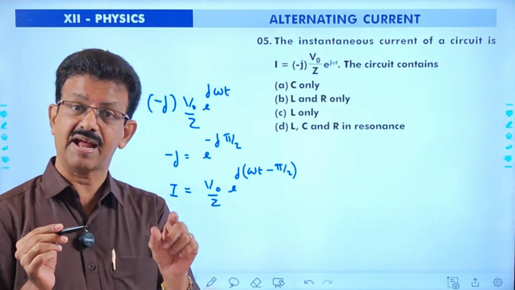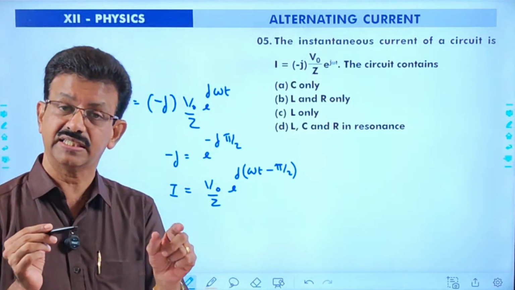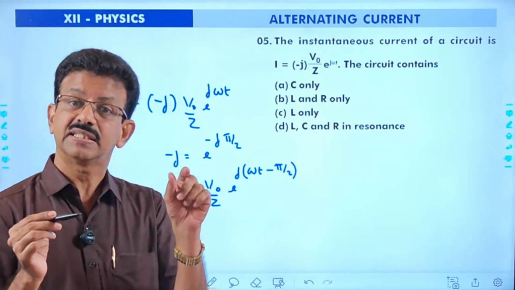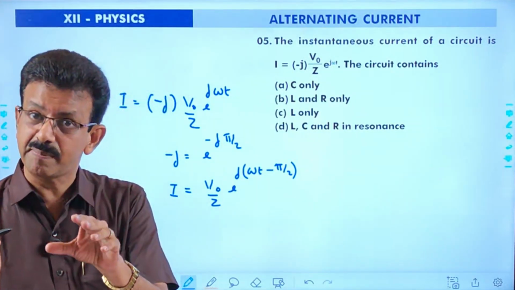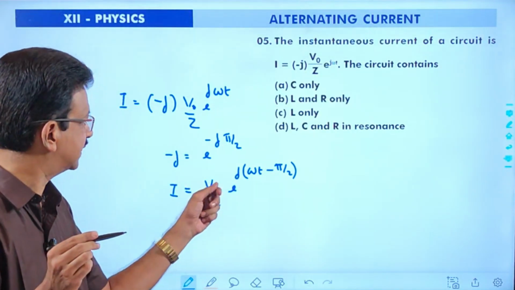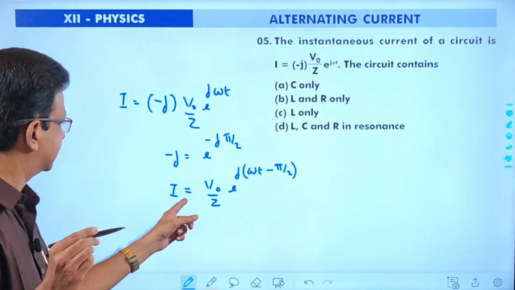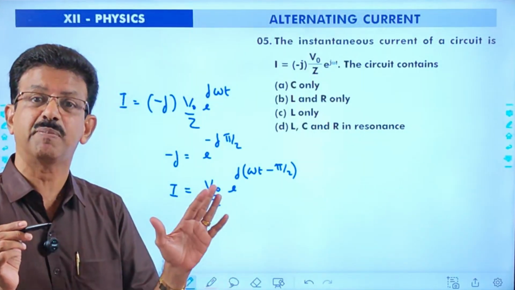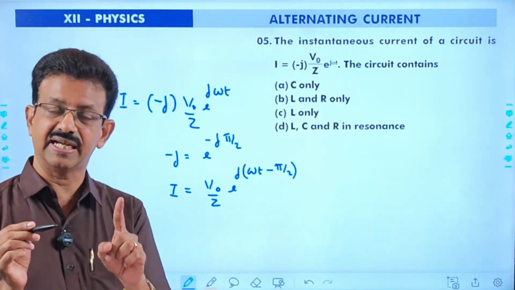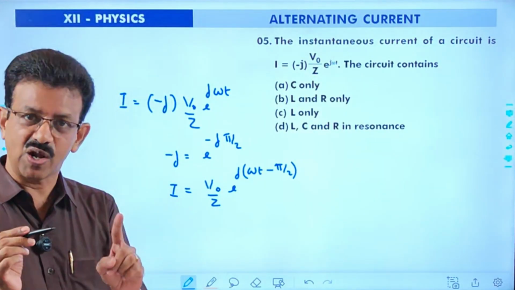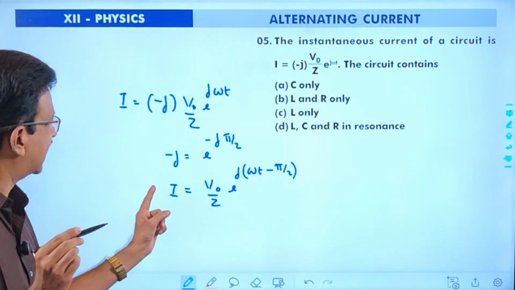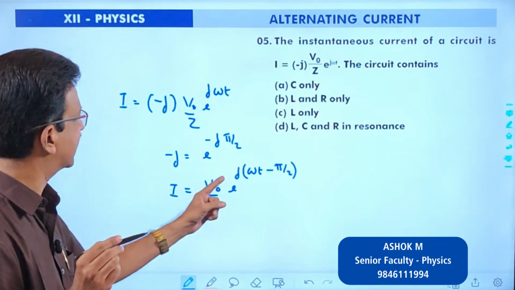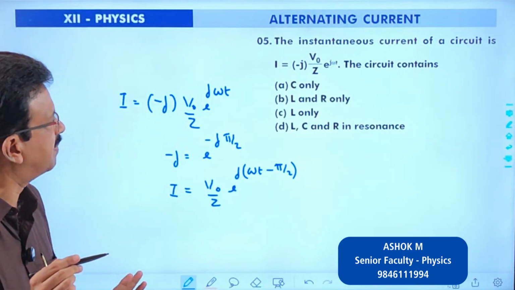For an AC circuit having inductor only, the instantaneous current is given by I equal to V0 by Z sin omega t minus pi by 2. In the complex representation form, it appears as V0 by Z e raised to j omega t minus pi by 2. If the circuit has L only, the instantaneous current becomes I equal to V0 by Z e raised to j omega t minus pi by 2.